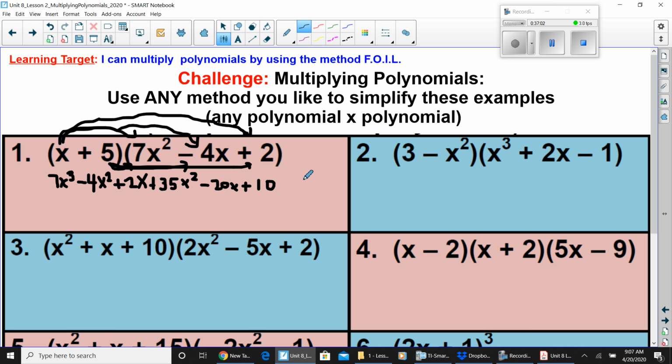You notice that you have a whole line up of terms, right? So I'm going to look for the largest term, which is 7x to the third. That's to the third. And then I could cross that out. Then to the second, I have a negative 4 to the second and a positive 35 to the second.